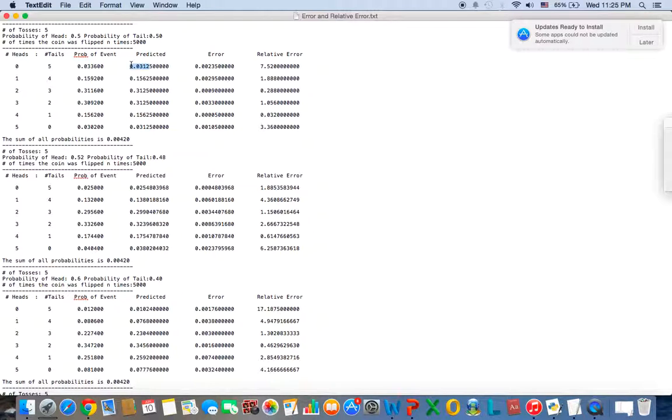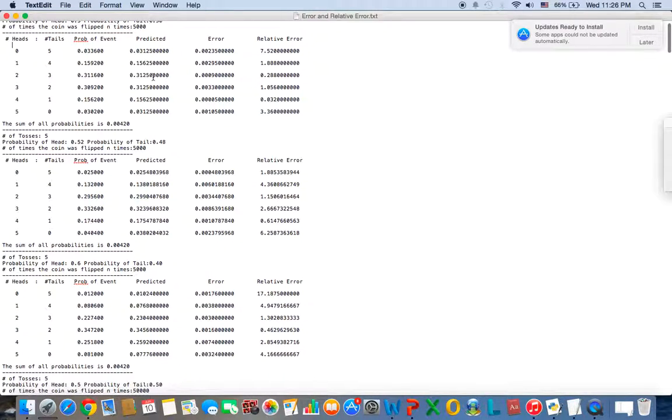When we have five heads or five tails, it has the same predicted value: for one head or one tail, we have the same prediction, and the error is the probability minus the prediction.